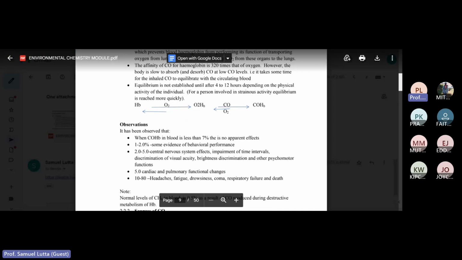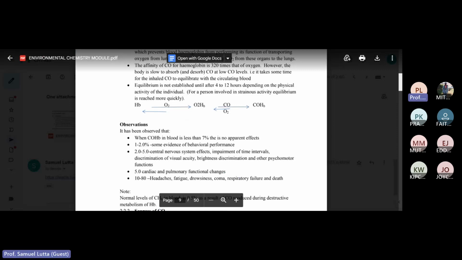Observations have been made about this gas, carbon monoxide, in the blood. When it is less than 1% in the blood, it has no effect. Between 1 to 2%, there is evidence of some behavioral changes.